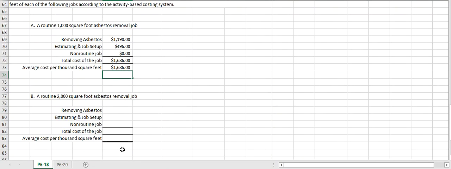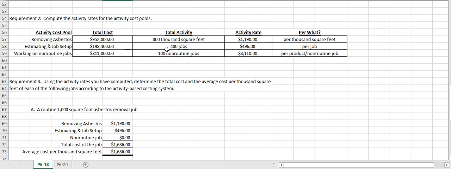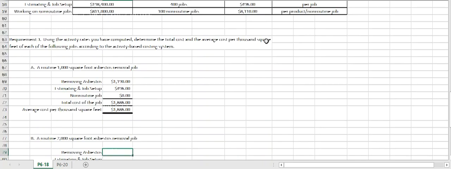All right, B says a routine 2,000 square foot asbestos removal job. So this one should be fairly easy, just like the first one. So if it cost us $1,190 per 1,000 square feet to remove asbestos, then to remove 2,000 square feet, we're going to double that. So $1,190 times 2.